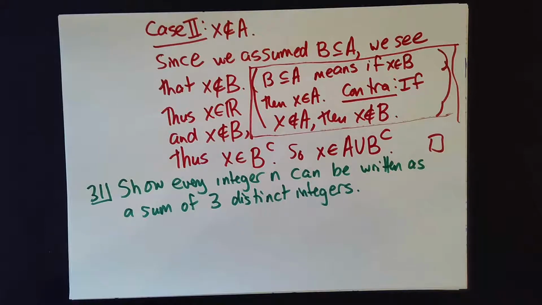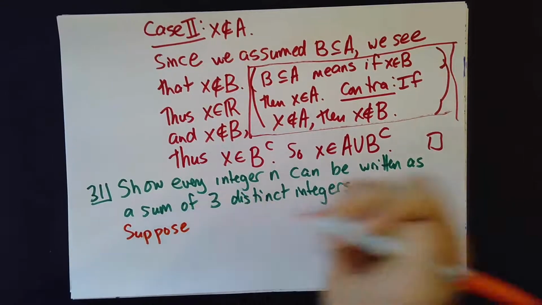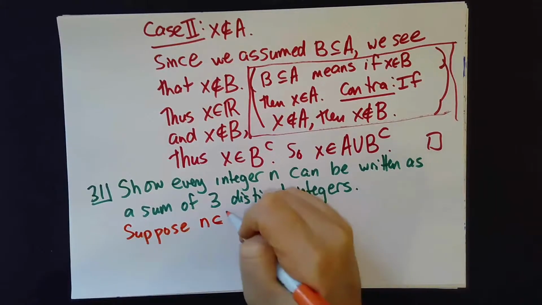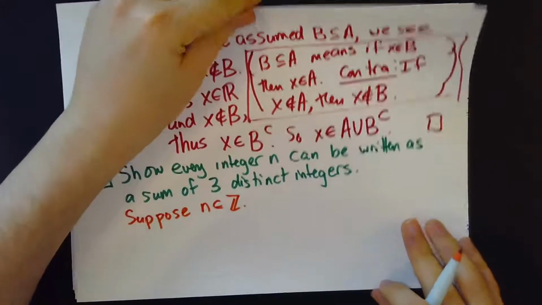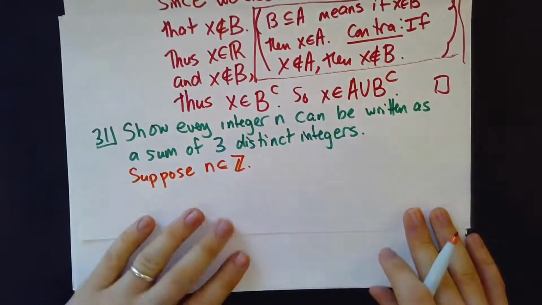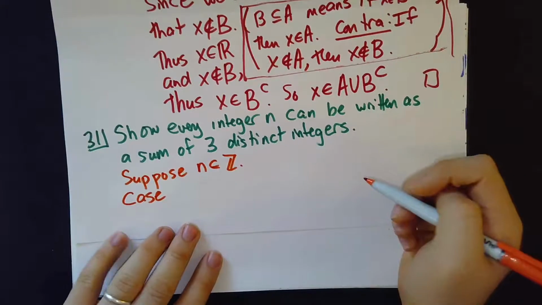Okay, so the key here, at least to one way of doing this question, there are many correct solutions to this question, but the key to what I think is the most straightforward solution is to note that if n is a multiple of 3, I know how to do this.